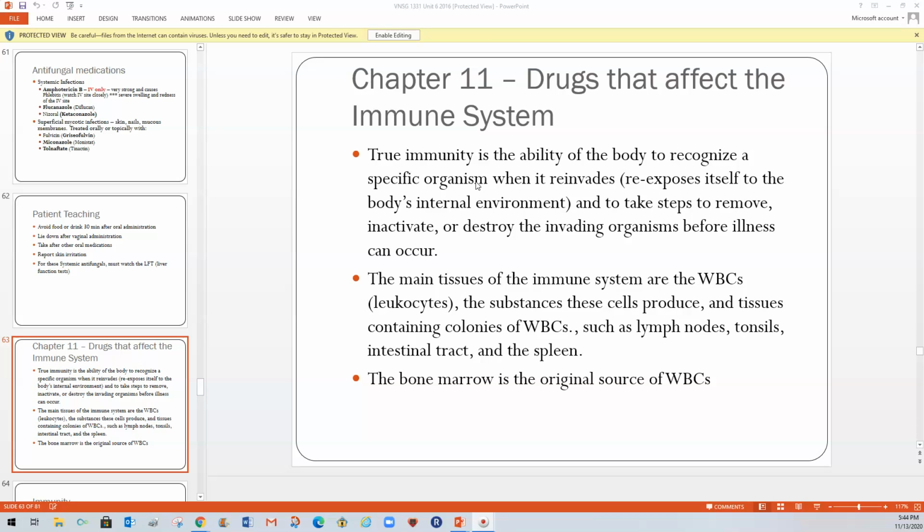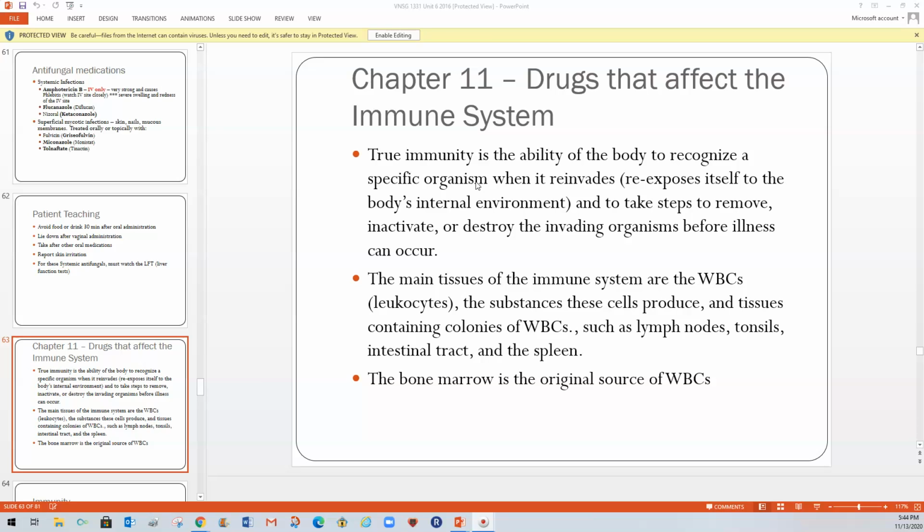So the body recognizes a specific organism as being foreign, and it wants to destroy the invading organism before we get sick.